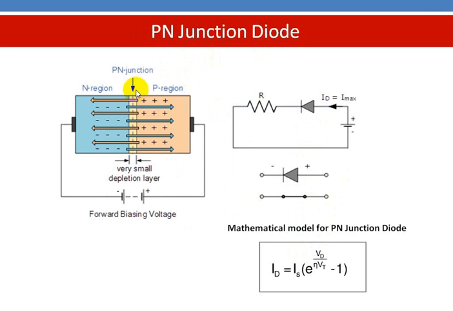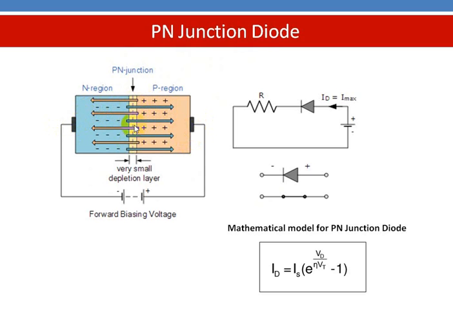Again, the junction diode. When a P region and an N region are sandwiched, we get a diode. Usually the terminal taken from the P region is called the anode, and from the N region, the cathode.